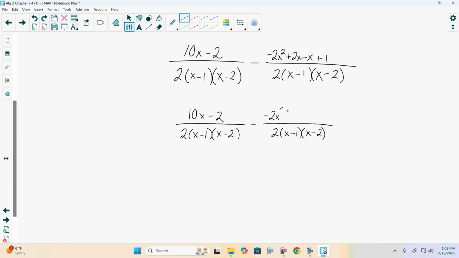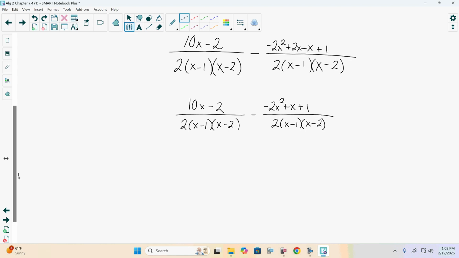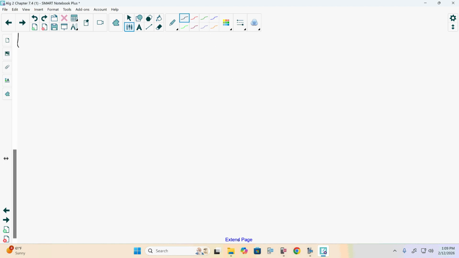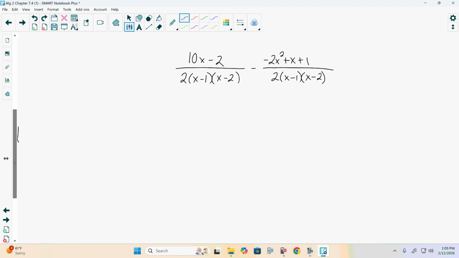Now we do need to combine like terms. So 2x minus x, 2 minus 1 is 1, giving us just x. Since the denominators are the same, we can subtract the numerators.